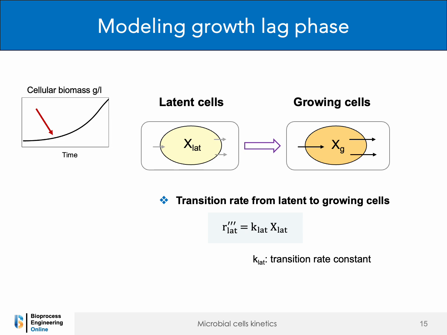The rate of this transition, denoted as RLAT, is measured in grams of cells per liter per hour and is assumed to be proportional to the concentration of latent cells XLAT, with KLAT representing the first-order transition rate constant. The value of KLAT determines the duration of the latency phase. A higher KLAT results in a shorter latency phase.